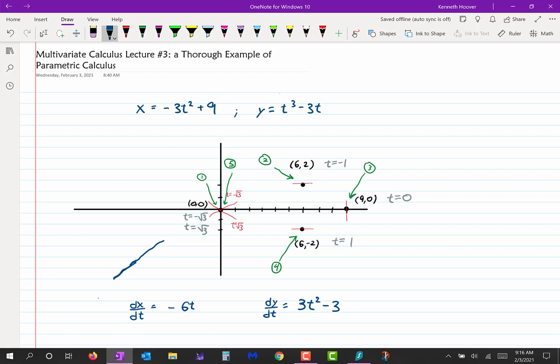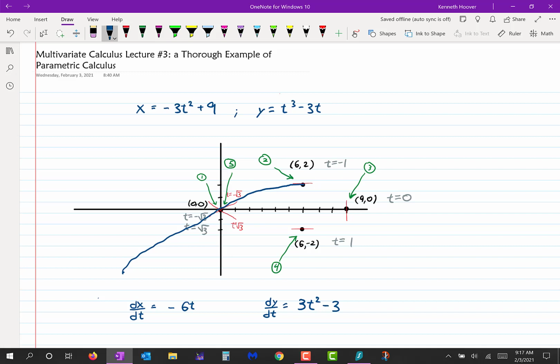The graph's going to come up here. It's going to pass through the origin at that angle. I kind of missed it. Let me see if I can do a better job of that. Let me start over with that. Oh, and also, by the way, when t's negative here, remember it's concave down as well. So let me put a bit of a curve to it there. Concave down. Going through there. Concave down.